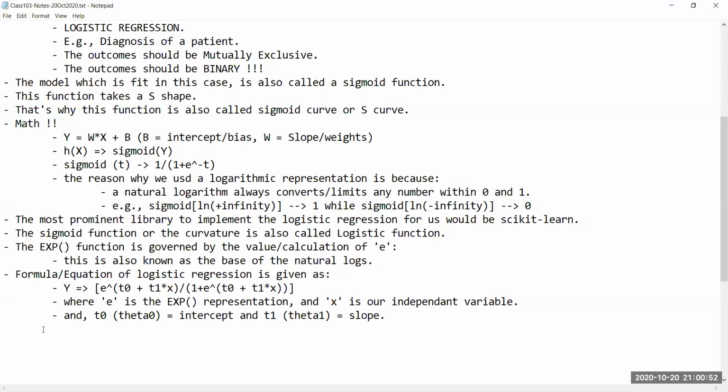The other way of doing it is going to become complex when you have more than one independent variable. If you have more than one independent variable, then this equation becomes very, very lengthy, and it really becomes a tough thing for you to find theta 0 and theta 1, because then we are back to square one.